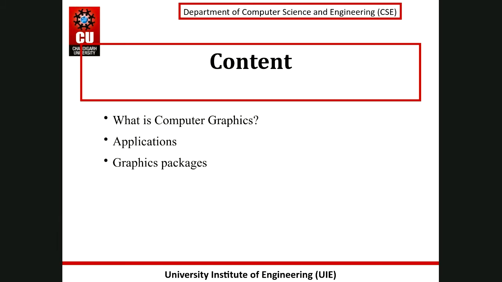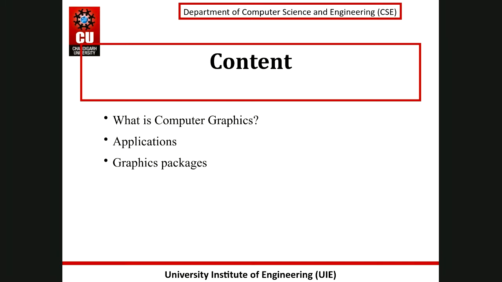What is the difference between two-dimensional and three-dimensional? Any student? Yes, anyone have the answer? Then tell me the difference. Sir, two dimensions will have only x and y axes, while three dimensions will have x, y, and z axes. Yes.